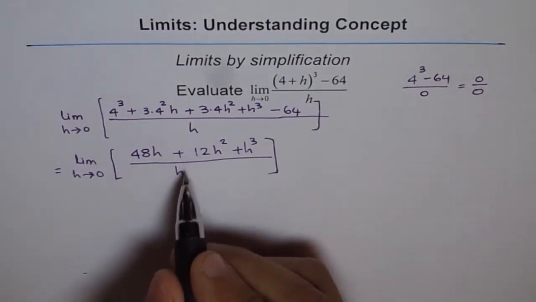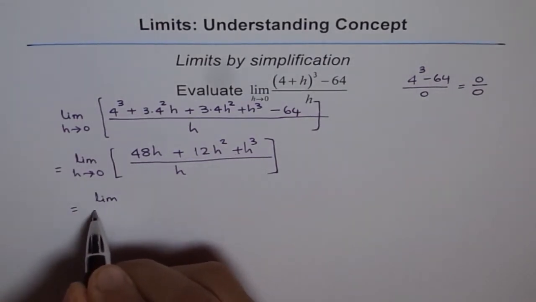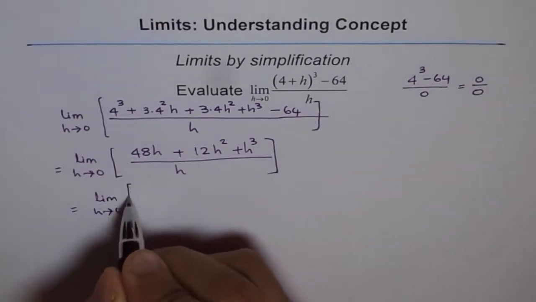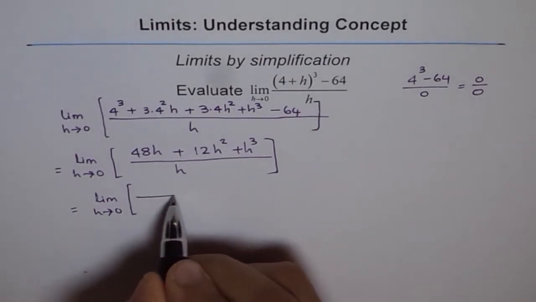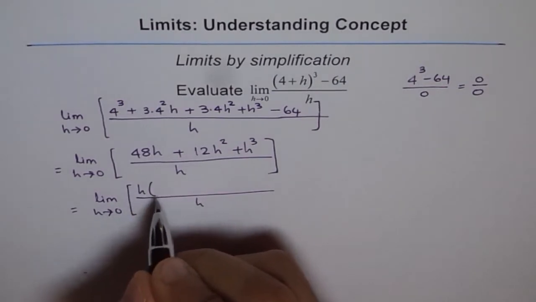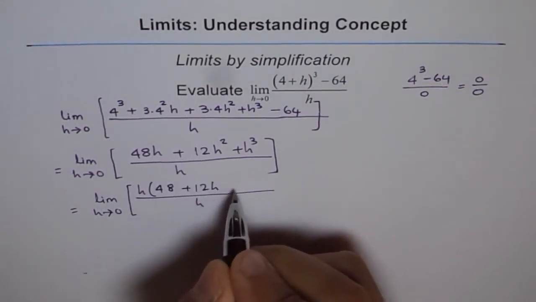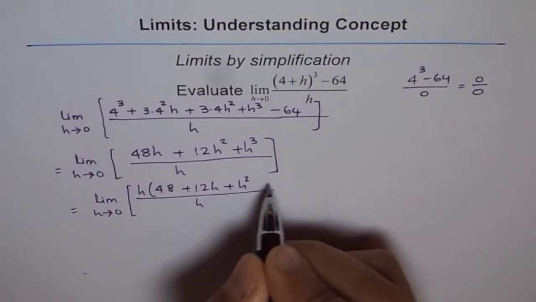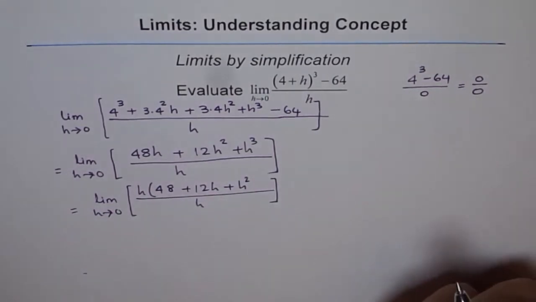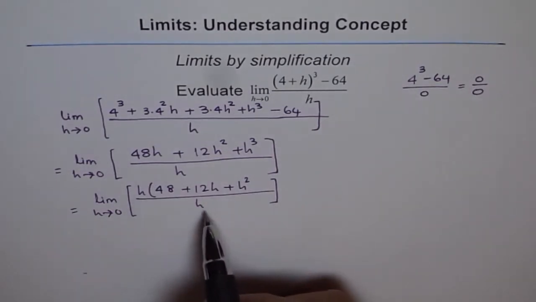Now, this can be simplified. We can write this as limit h approaches 0. We can factor out h from the numerator. So we get 48 plus 12h plus h squared. Now in this expression, we can cancel h, right?